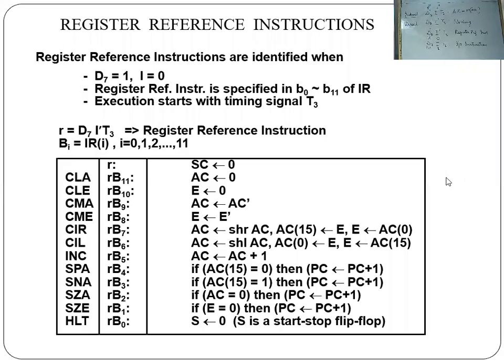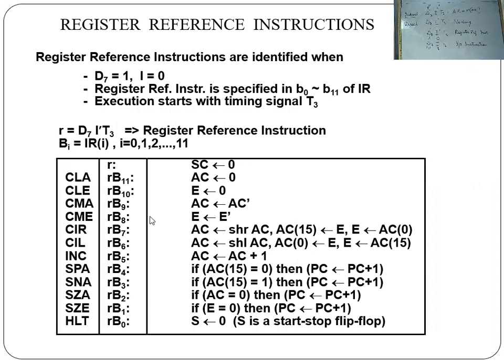So next we have register reference instructions, which will be executed when the value of D7 is equal to 1 and I is equal to 0, right? For register reference instructions, we are using B0 to B11 of IR. Remember this, right? B0 to B11.